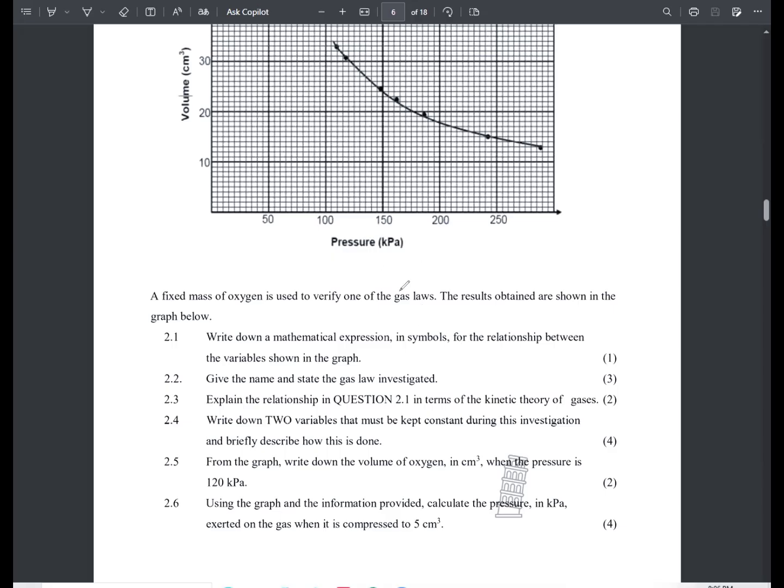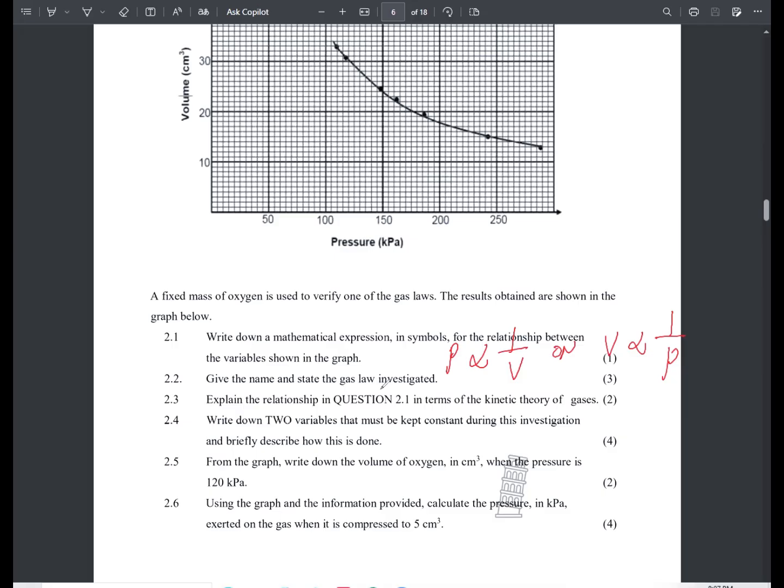We know that the relationship between volume and pressure, according to Boyle's law, is inversely proportional. So you can either indicate that mathematical relationship by saying pressure is inversely proportional to volume, or put it the other way around, this is still the same thing, as long as you are indicating that there is an inverse relationship there, right? So pressure is inversely proportional to volume, or volume is inversely proportional to pressure, one and the same thing.